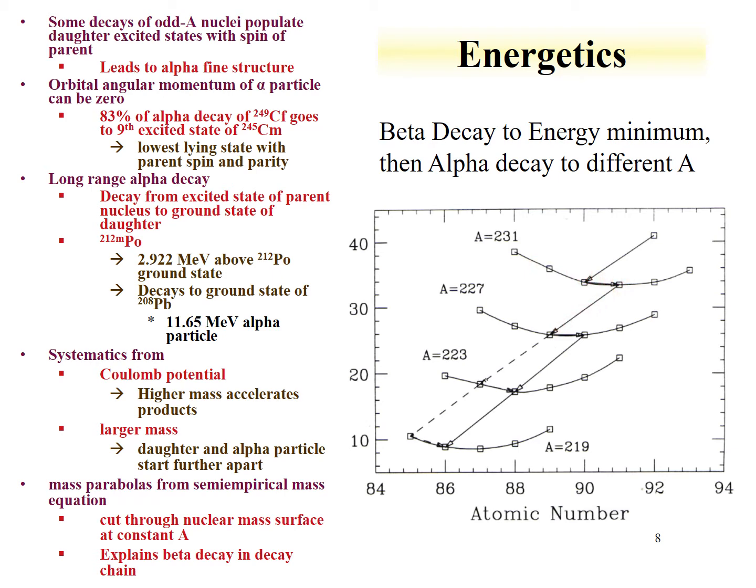The other thing we observe is areas where we can get branched decays, where there's probability of either a decay through beta or a decay through alpha. This is why we can get branched decays within the decay chains for uranium and thorium.